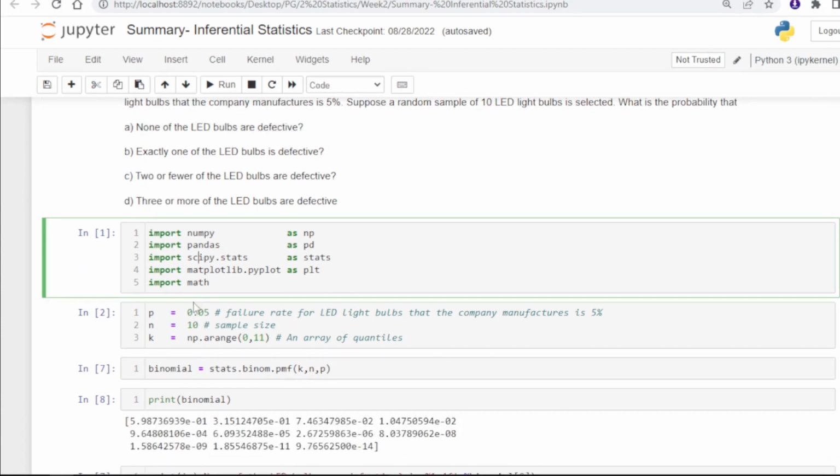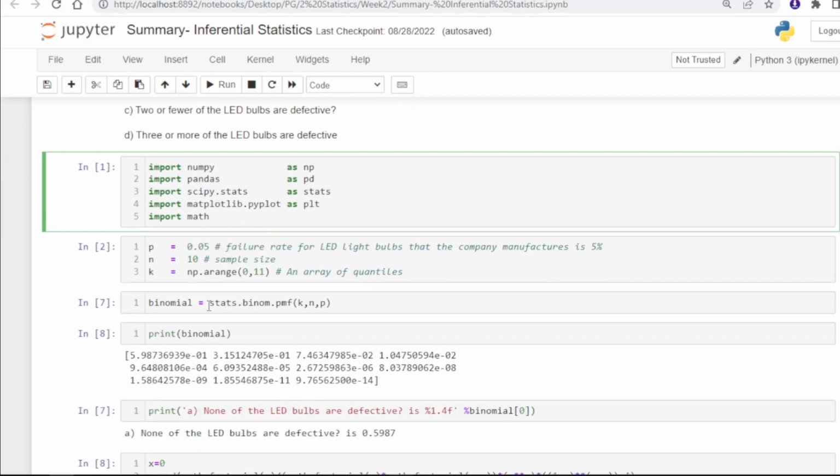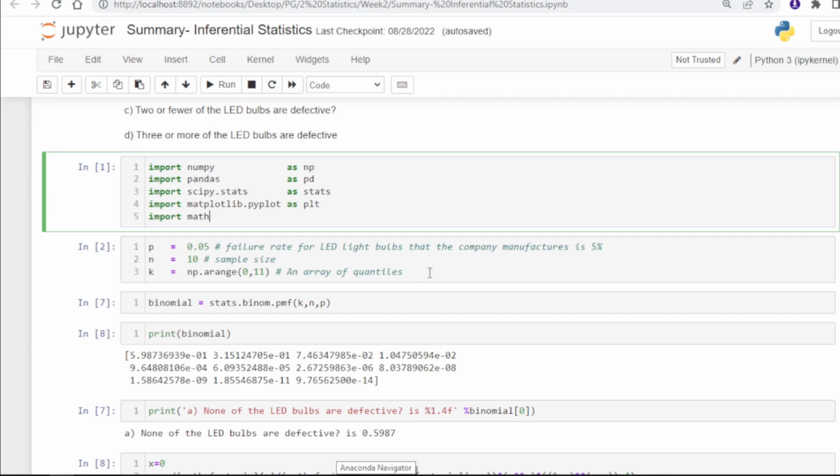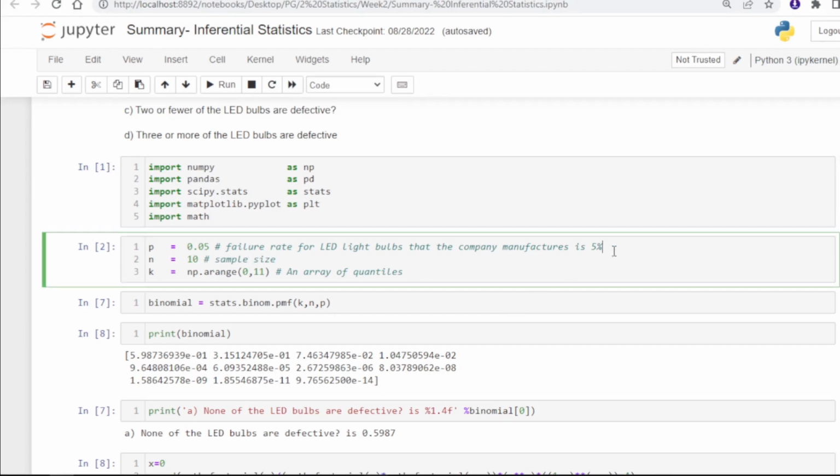So let's import our necessary libraries: import numpy as np, import pandas as pd, import scipy.stats for statistics, matplotlib for plotting our graph or visualizing them, and math for all the mathematical operations, right? So here p is the failure rate for LED light bulbs that the company manufactures, which is 5%.